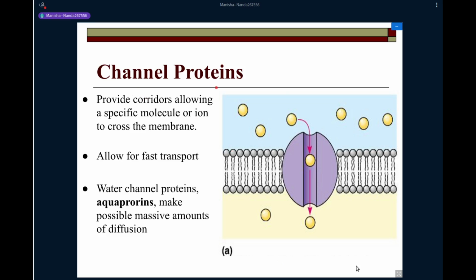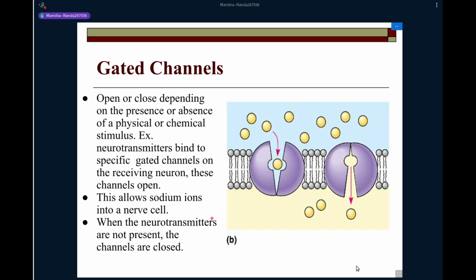Now, these channels again are of two different types. They can be either gated or non-gated. Non-gated channels allow the movement of molecules passively through them according to their concentration gradients, from a region of high to low concentration. But gated channels means these passages are not always open.